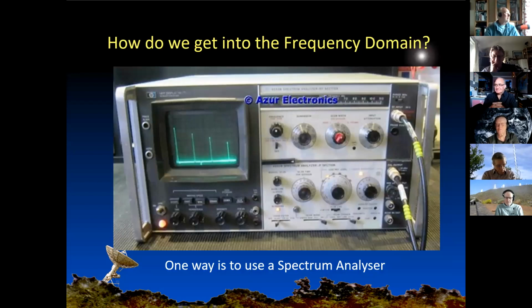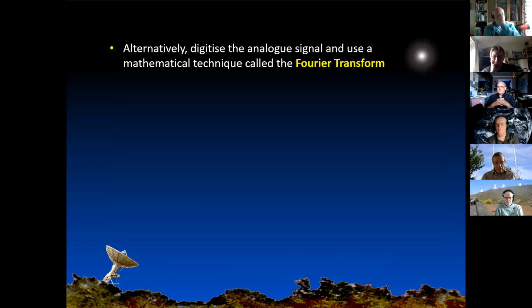The price or the weight has come down in the modern world, but they're still expensive beasts. But they do give the right story. They are precision instruments. The other way is to use the digital signal: first digitize the analog signal and use a mathematical technique called the Fourier Transform.